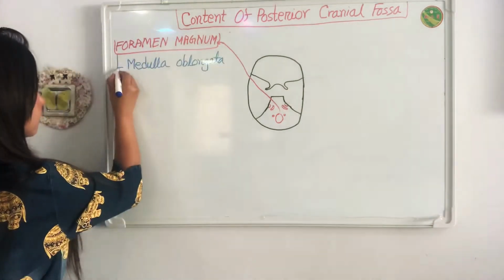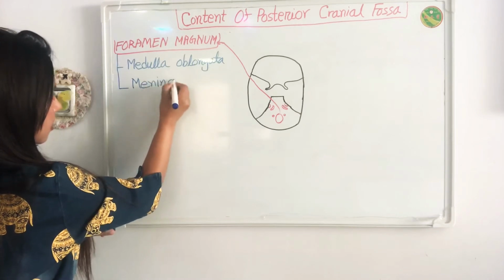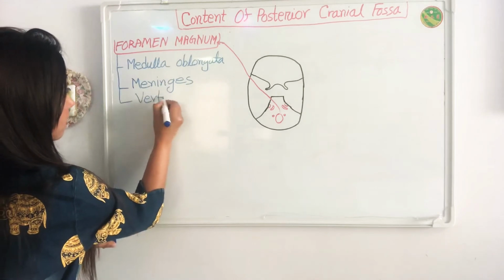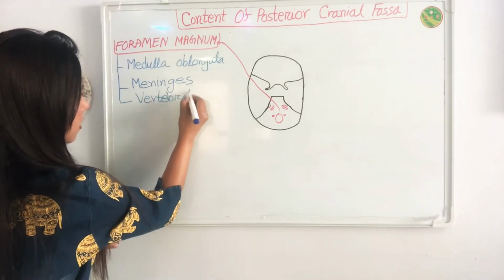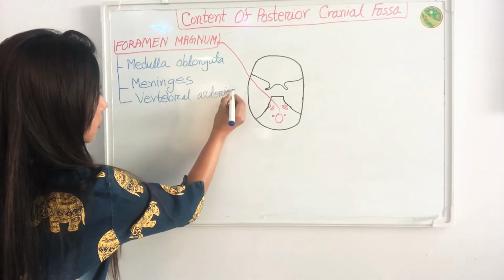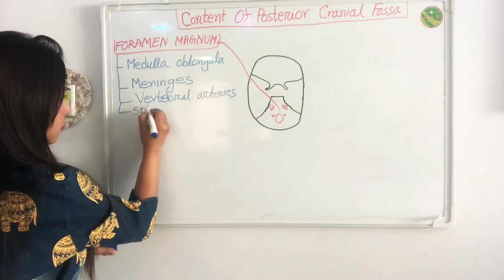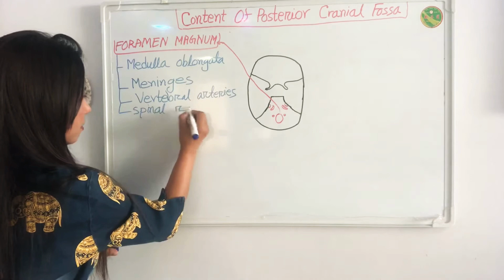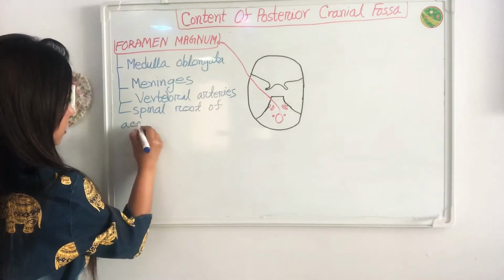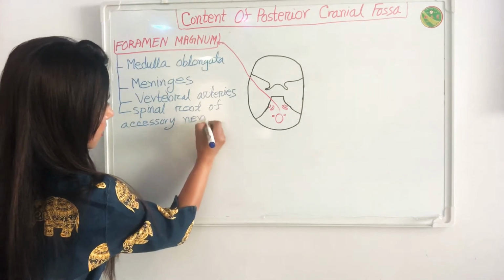Then meninges, vertebral arteries and spinal roots of accessory nerves.